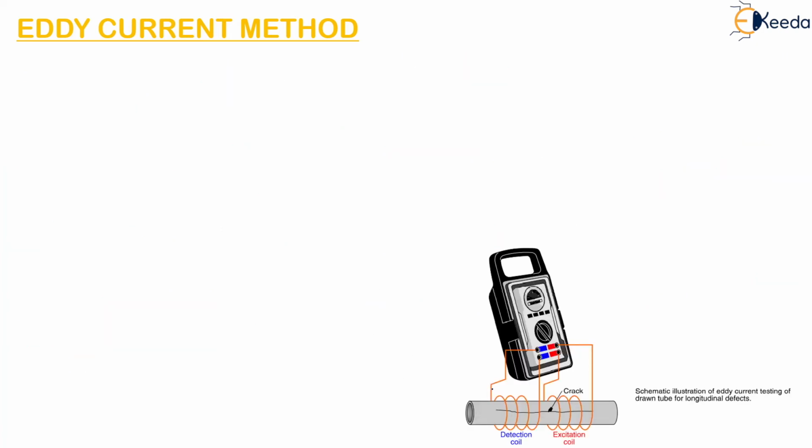So here there is an electronic component which is used for the testing, and it has also got controls in it. So it is the illustration of eddy current testing of drawn tube for longitudinal defects.